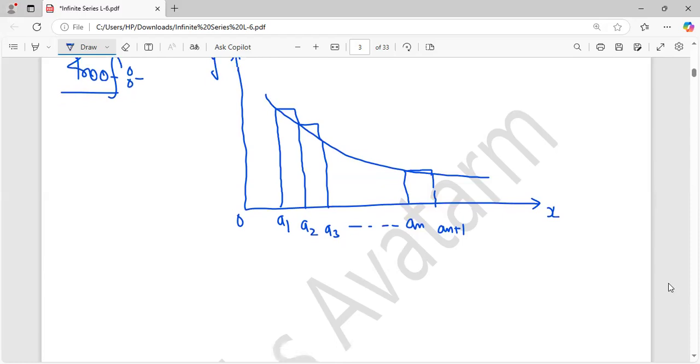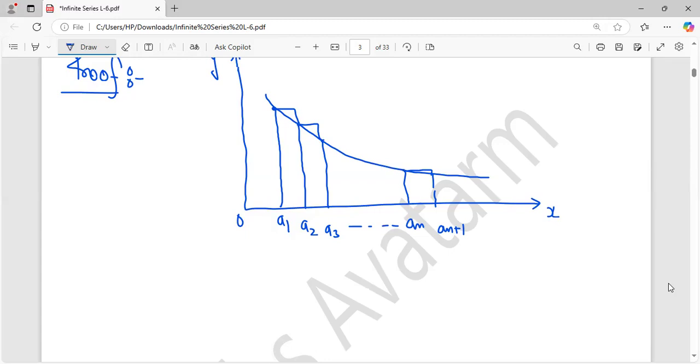Let's say these heights are a1, a2, a3, and this height is a_n.